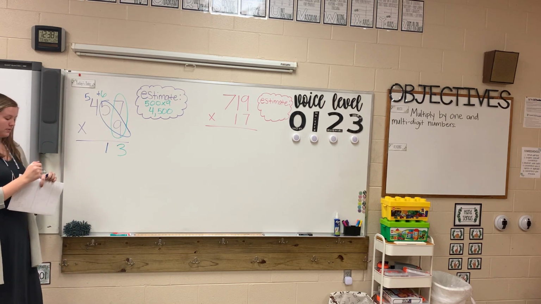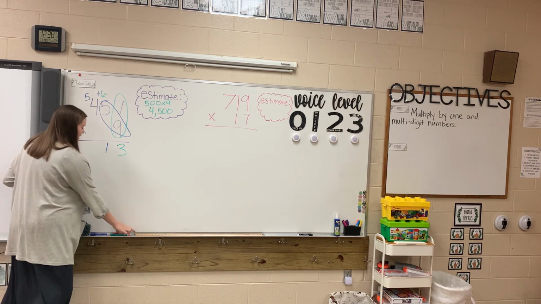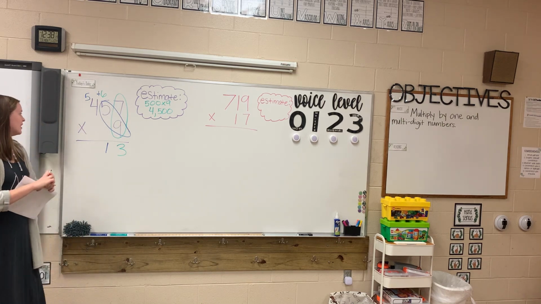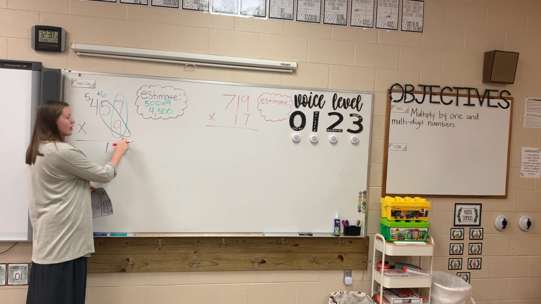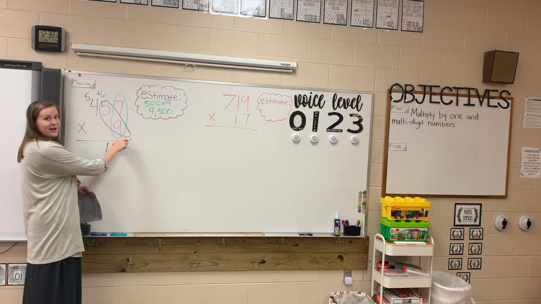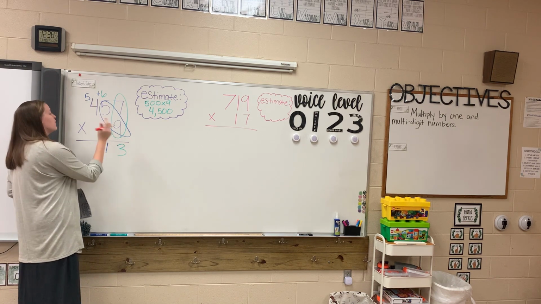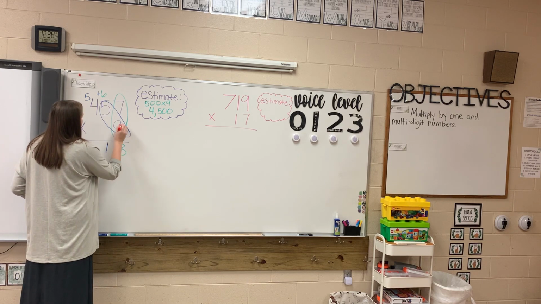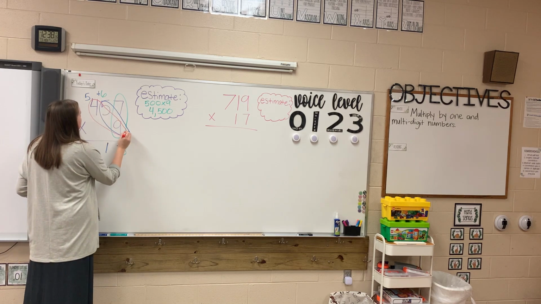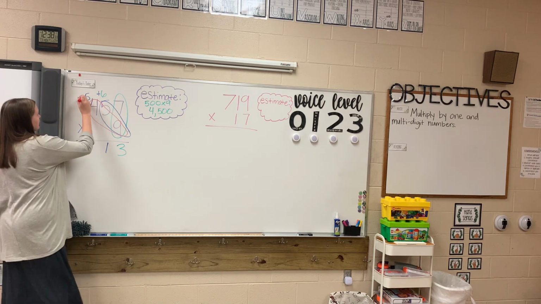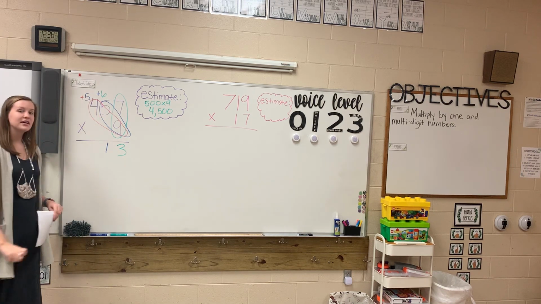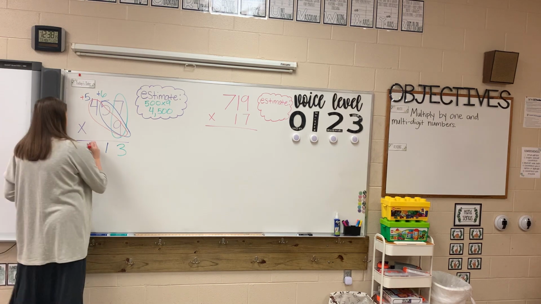I'm going to change colors one more time for us so that you can kind of see which steps we're taking. Our third step is we're going to take that 9, or our 9 ones, and multiply it by what, guys? Our 400s. So 9 times 4 is 36, plus that 5 that we had to bring over, 41.